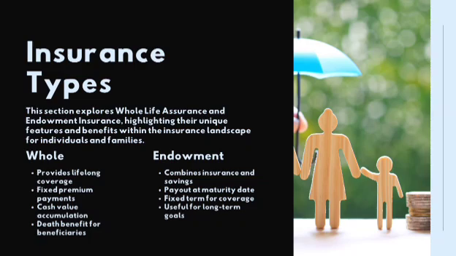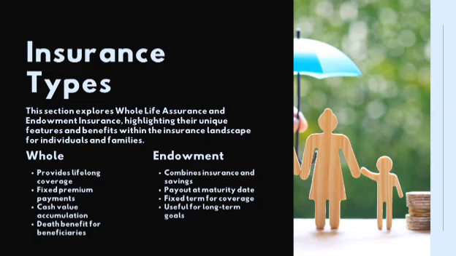Like the first one, Miss Okafor takes a 20-year endowment plan for 5 million naira when she was 40 years old. That is 20 years plus 40, that is 60 years old. If eventually Miss Okafor gets to 60 years, that is the end of the contract.